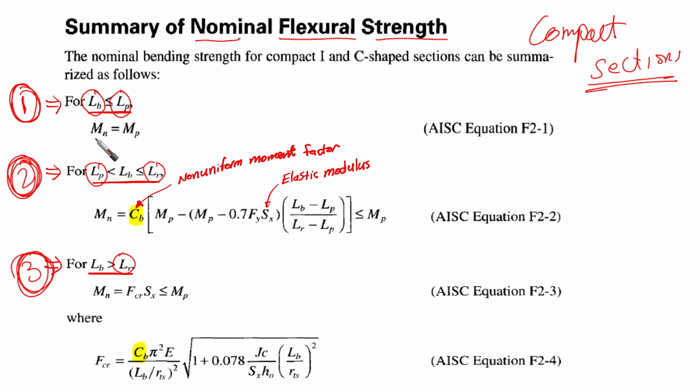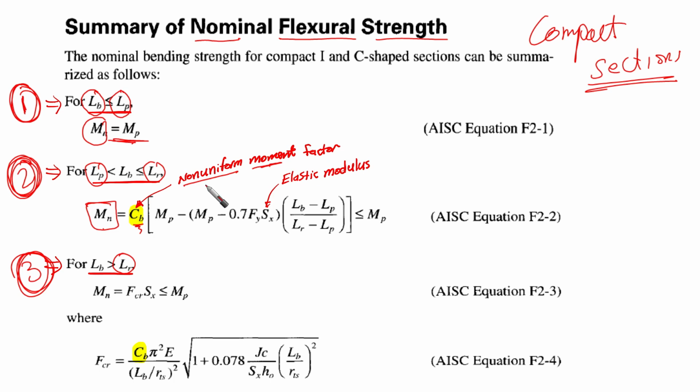In the first zone, MN is simply going to be MP. In the second zone, MN, which is the nominal flexural strength, is going to be CB, which takes into consideration the non-uniform moment.